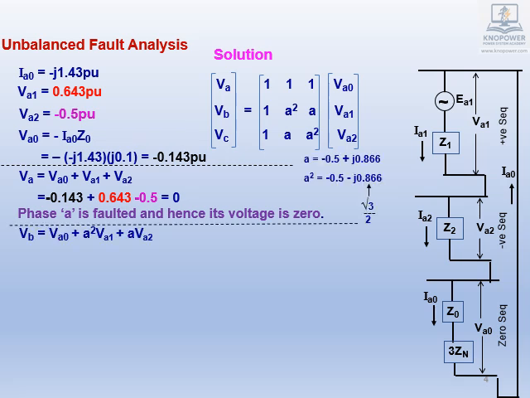Next, we will consider second equation of matrix. VB equals VA0 plus a square VA1 plus a VA2. We have studied in previous module that a is minus 0.5 plus j root 3 by 2, which is minus 0.5 plus j0.866. a square is minus 0.5 minus j0.866.